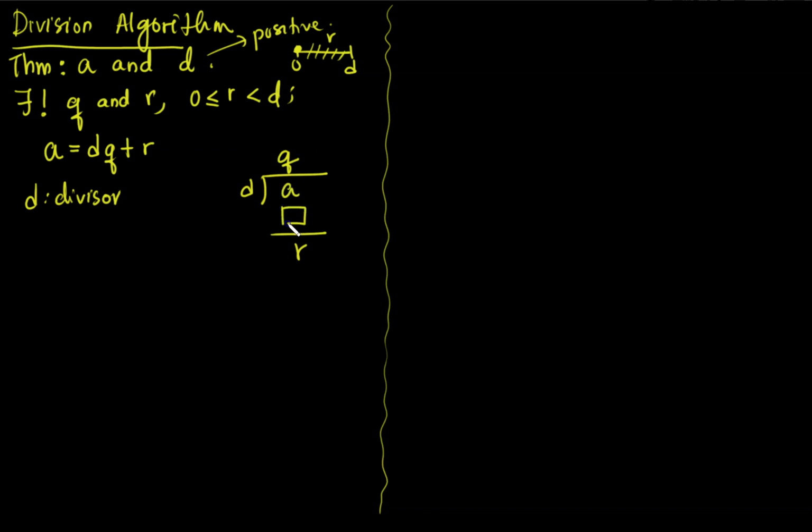So whatever we get here, A is going to be D times Q plus R. That's the idea behind the scenes. You're trying to find out how I can do a division by using this method. I will do some examples later, either in the later part here or maybe in class.